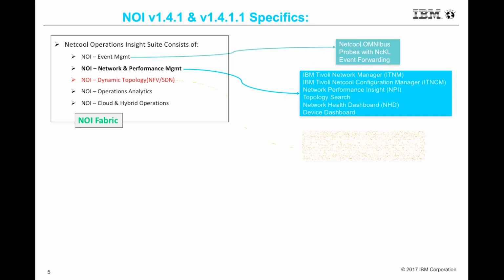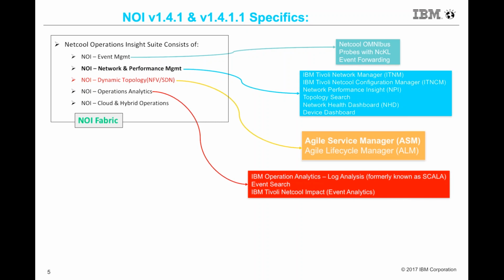The focus today is on the dynamic topology that is mainly central on NFV/SDN, which comes with 2 components: Agile Service Manager and Agile Lifecycle Manager. And we do have Operation Analytics. That's 3 other components there.